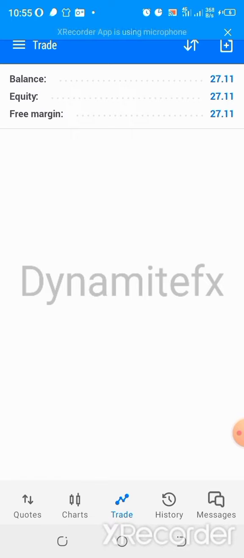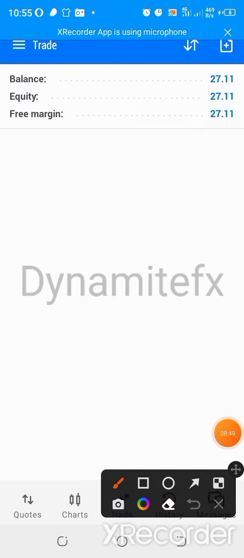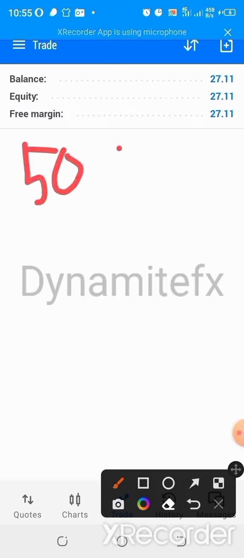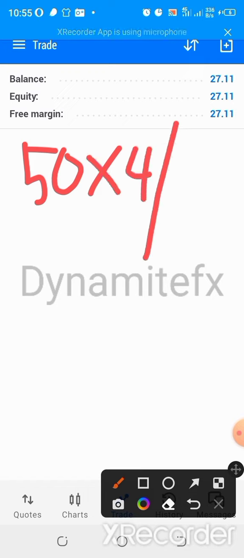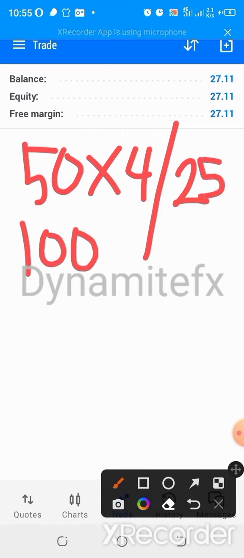So if your $100 was giving you 50%, let me do the right thing here. This is my board, guys. So if $50 times 4 trades will give you $25, which is 50% each, it means 100 times 4 trades every day.